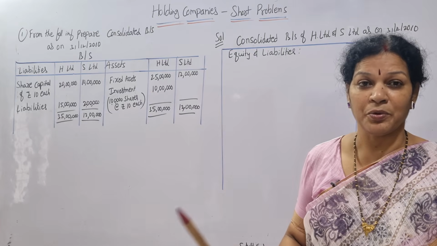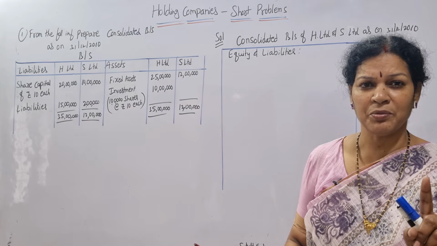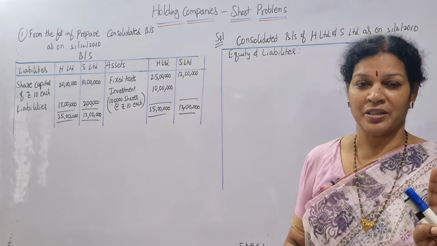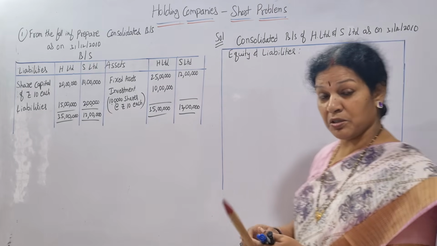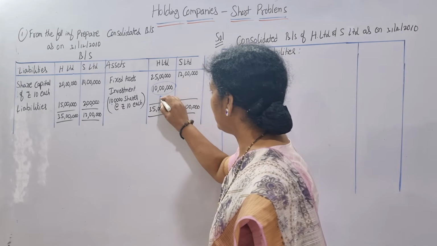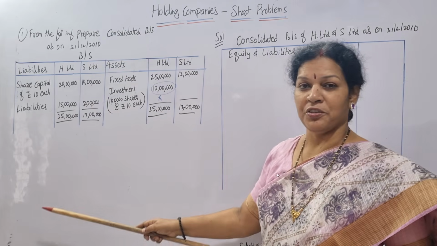Investment we are not supposed to take. I told you two items we are not supposed to take: one is the share capital of the subsidiary company, the second is the investment of the holding company. These two we are not supposed to take in the consolidated balance sheet. So ignore this.